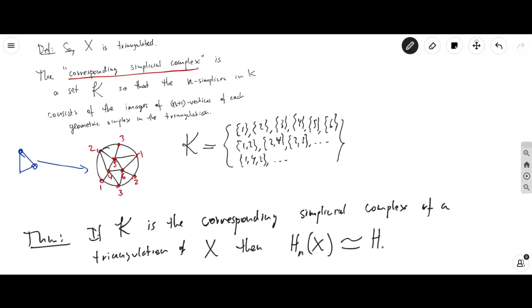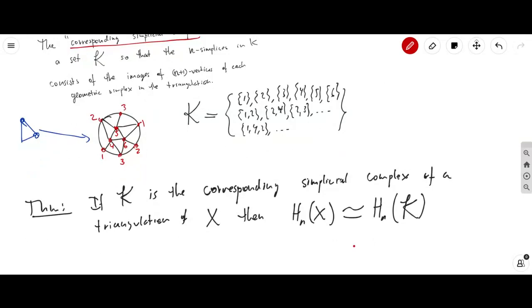It's going to be isomorphic to the combinatorial homology of the corresponding complex. And that's the idea, that this is hard to compute, and this is easy to compute because you reduce it back down to matrix computations. And that's the idea of how this works.